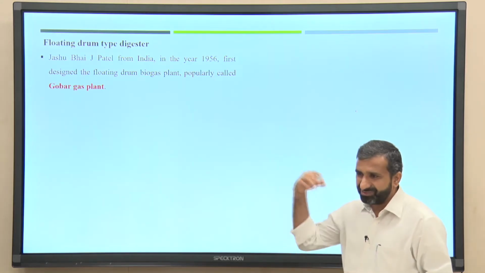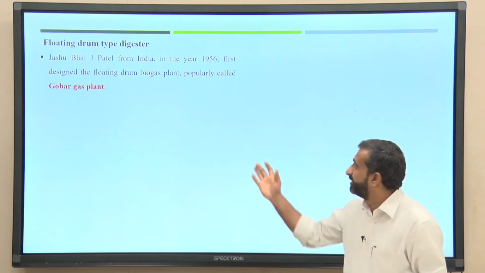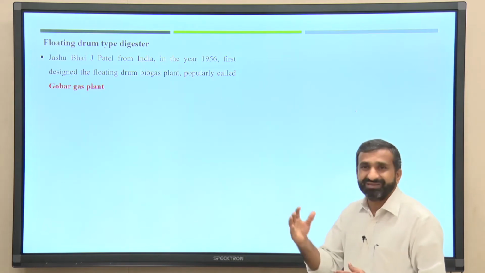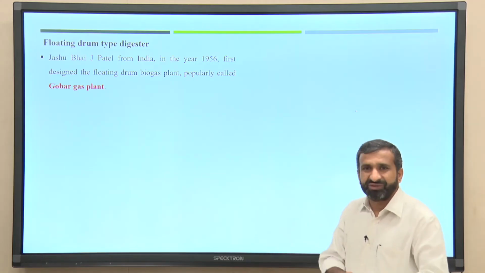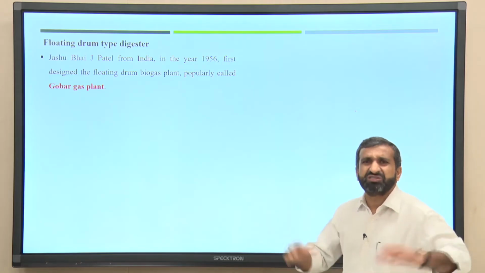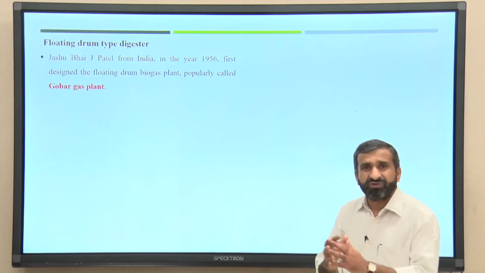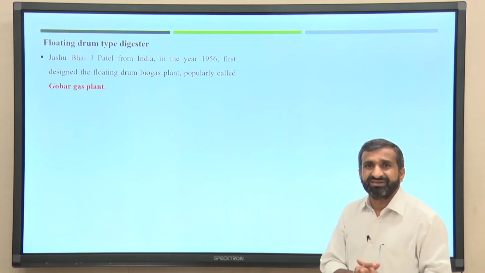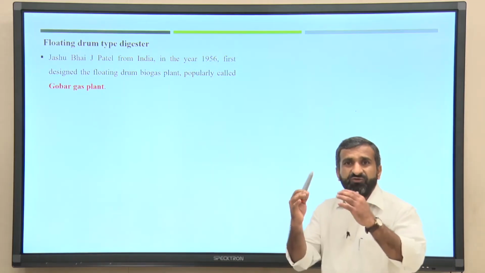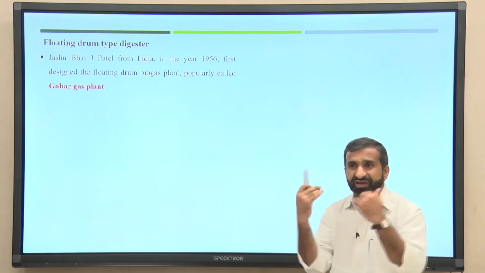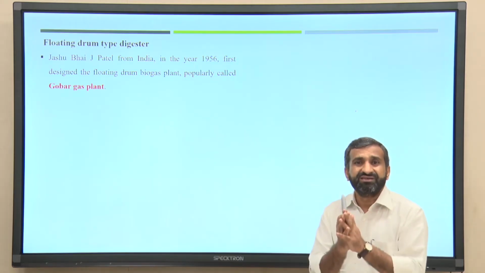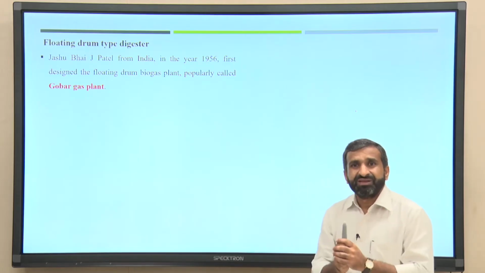Okay, that was the floating type. When I was reading about this particular person, in both cases, whether you take the Janta model or the Deenbandhu model, they were installed in large numbers, but the problem was leakage in both cases. In the fixed dome biogas reactor, the gas comes out wherever it finds space.